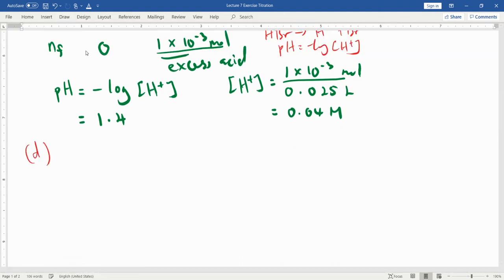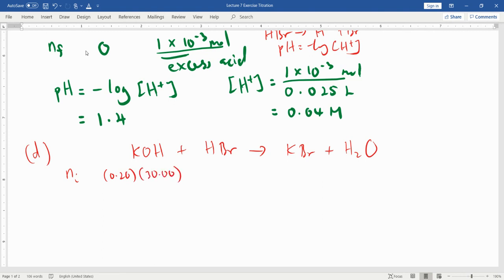So D, okay, I will rewrite again, KOH plus HBr. Okay, so remember, just now it is given 30 ml of titrants, that is our KOH. HBr will still remains the same because HBr is in the conical flask given earlier.